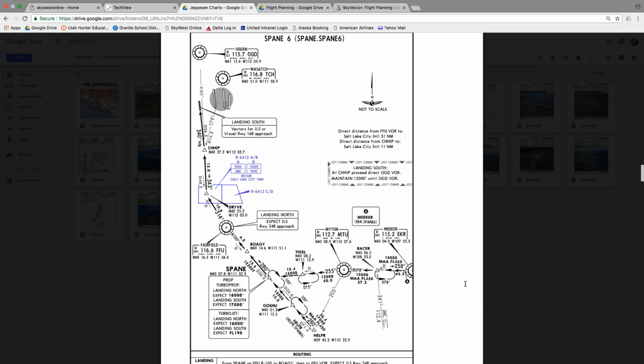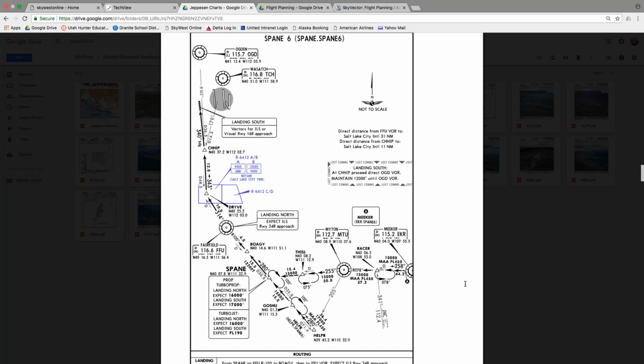But that's the thing. When you plan a SID or a star, but especially on a star where you're coming into the airport, the thing about the way this is kind of showing up here is that now you guys know you're landing south, right? Because you picked 16 left. So here's the airport.